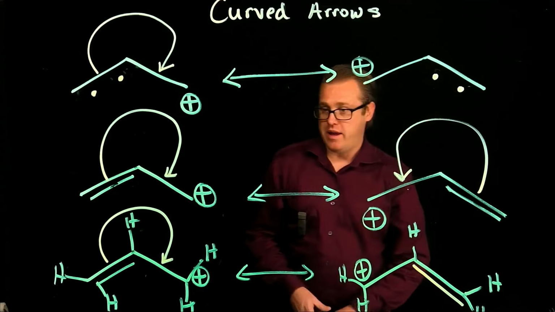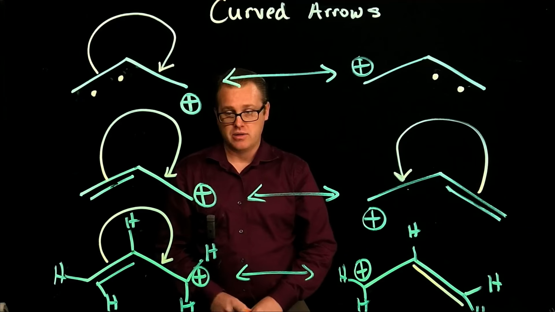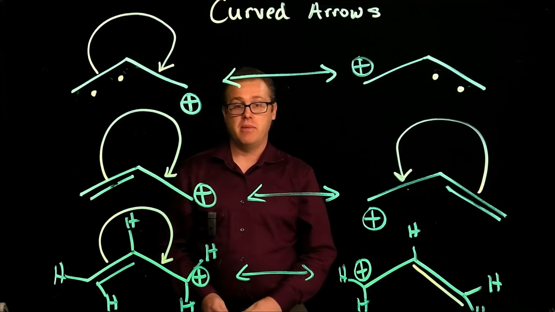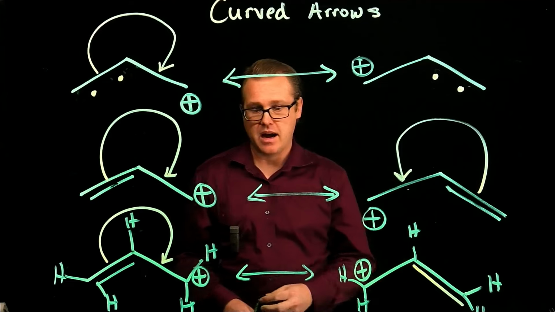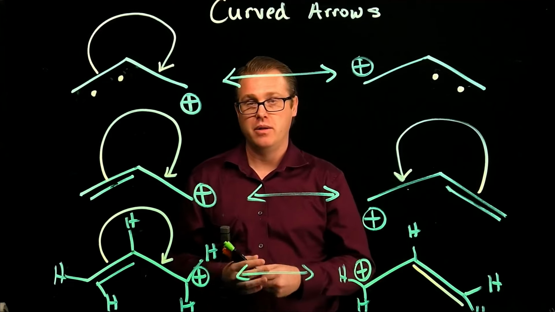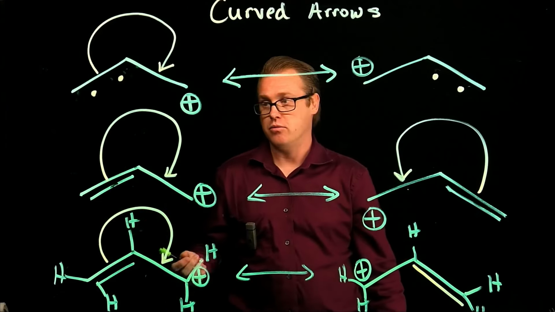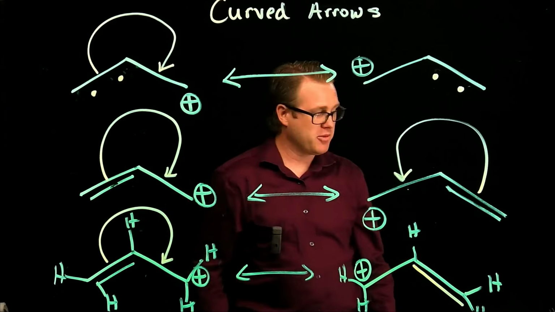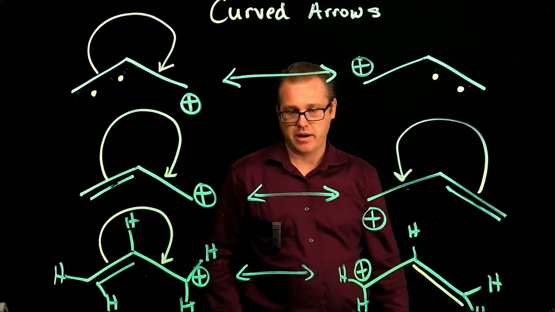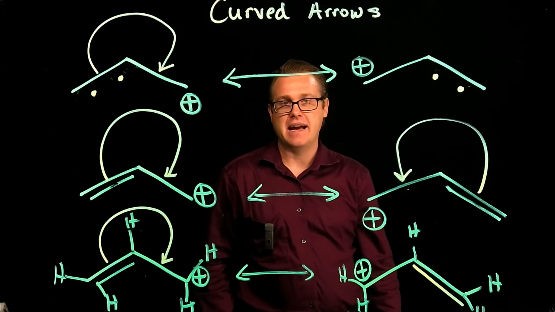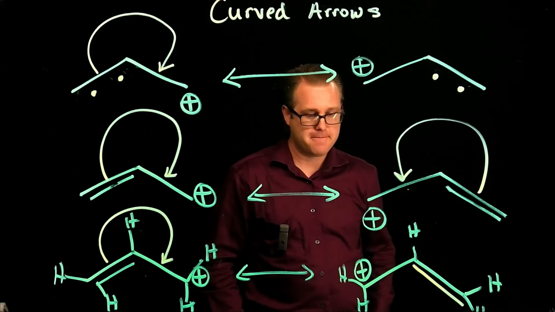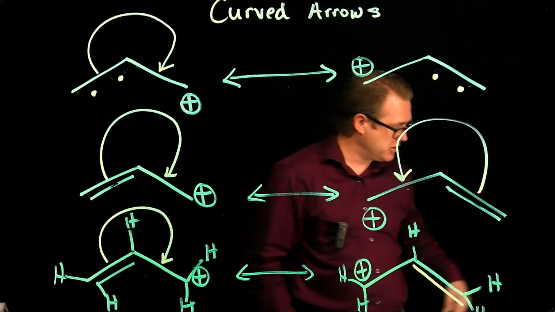So with drawing resonance arrows and curved arrows, there are some major rules that I'm now going to go through with you, because resonance is another really important thing to make sure we understand. And I already talked about that in the last video, of how important it is, okay? So we're going to go through some rules.